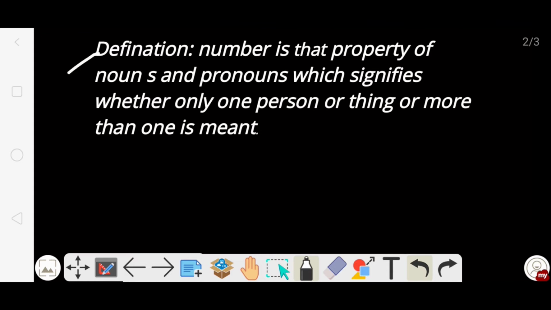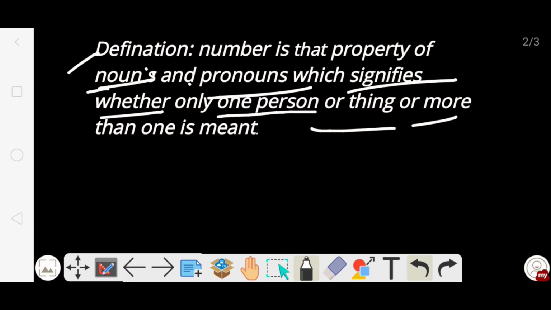The definition says number is that property of nouns and pronouns which signifies whether only one person or thing, or more than one, is meant. That is called number.